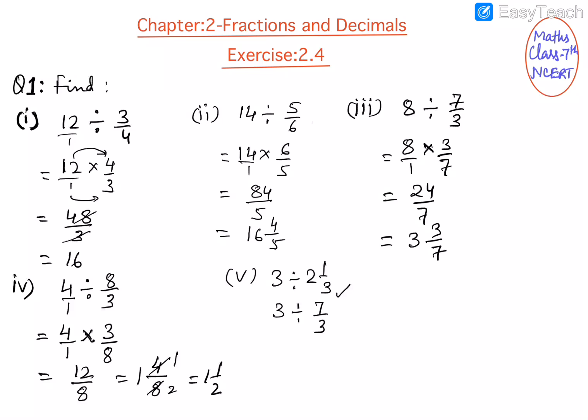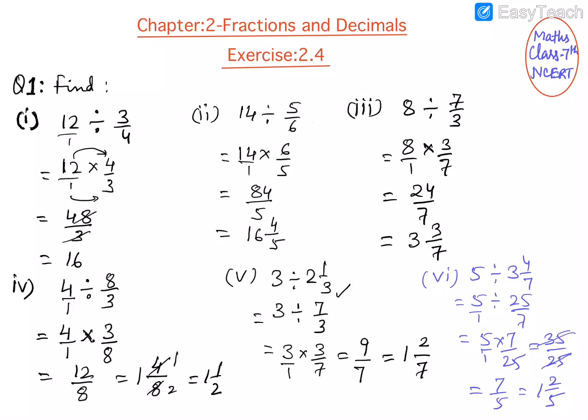Now proceed as we have done in previous parts. 3 into 3 by 7. Here we can assume 1. So the result is 3 threes are 9 by 7 ones are 7. Changing into a mixed fraction, it gives 7 ones are 7, 2 by 7.